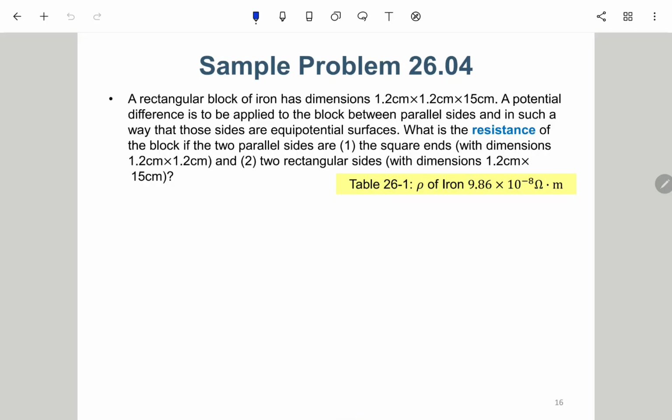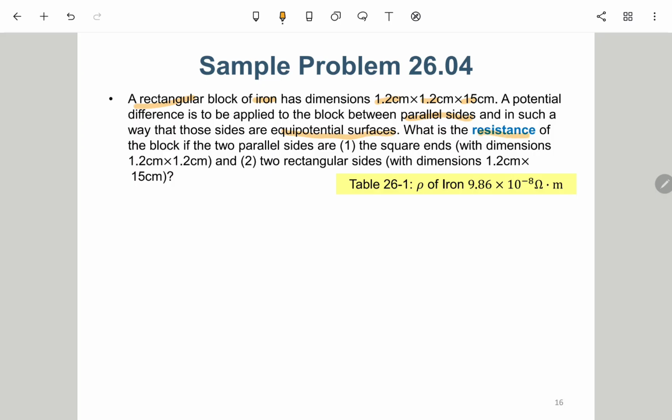Here we have a sample problem. A rectangular block of iron has dimensions 1.2 by 1.2 by 15 centimeters. A potential difference is applied to the block between the parallel sides in such a way that those sides are equipotential surfaces.